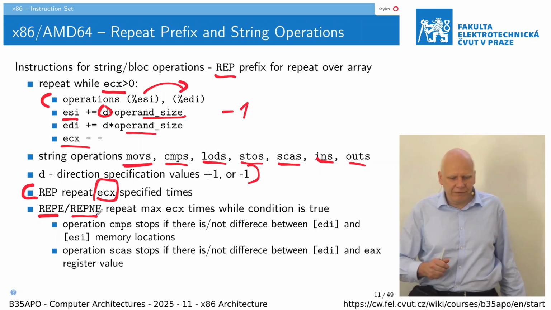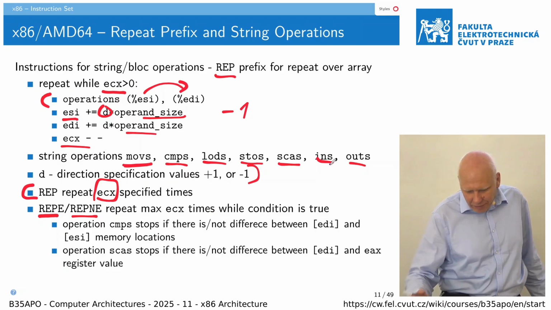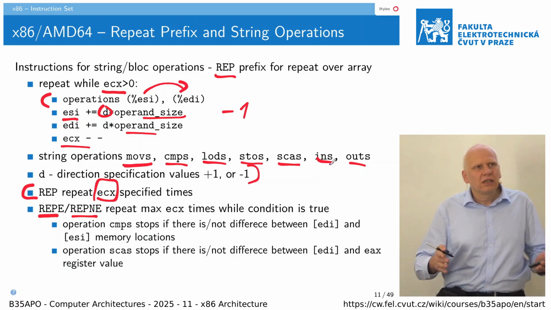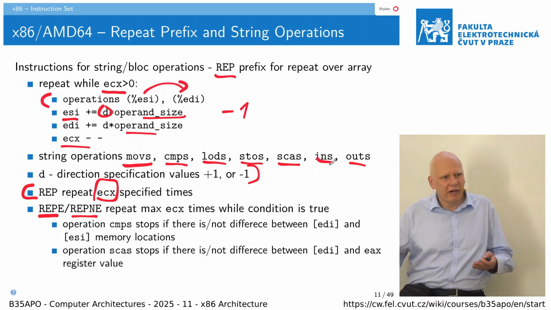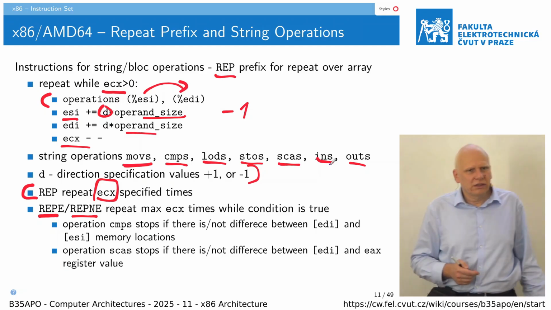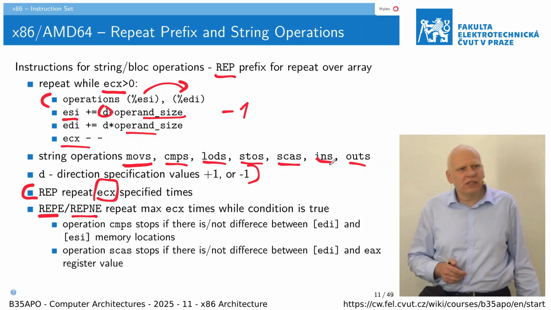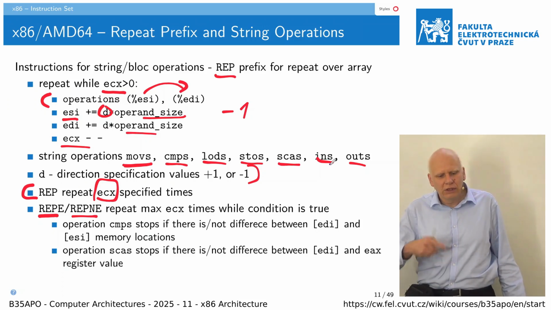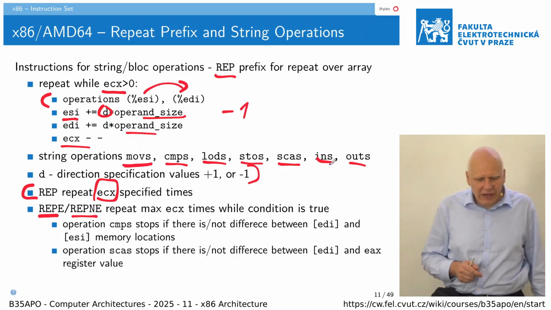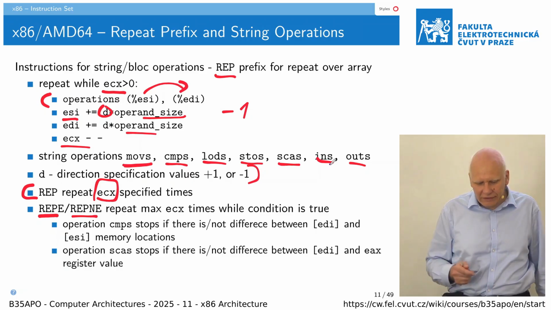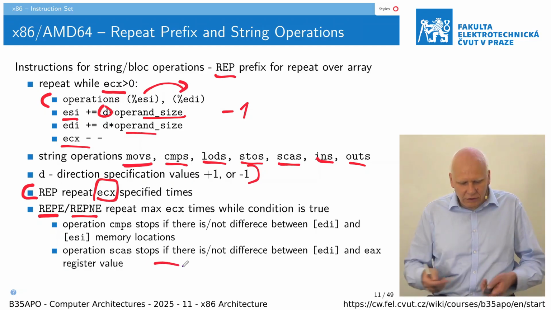So basically, if you have, for example, compare string with the maximum length specified, that operation, strncmp, this instruction can directly proceed like that: you repeat the comparison and stop at the first word or first byte which differs, or stop if there is no difference, and so on.